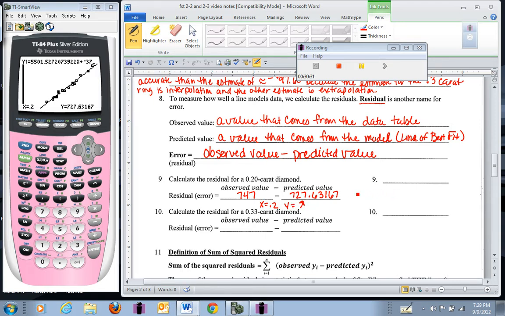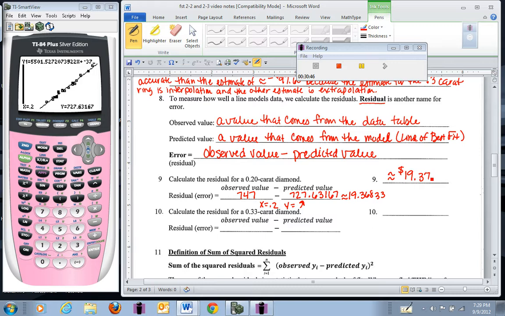Okay, so when we subtract those, we get about 19.36833. So this would be about $19.37 difference. $19.37 difference.